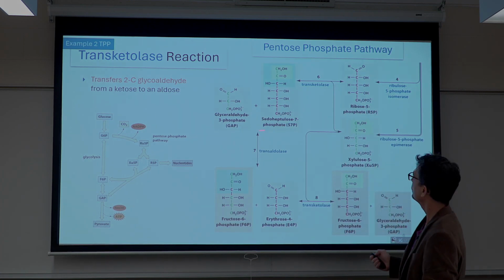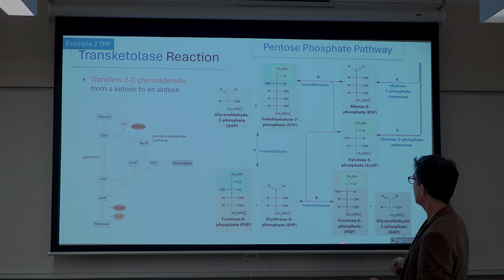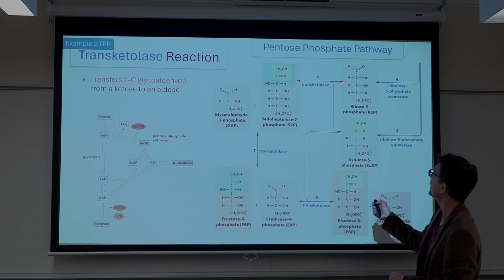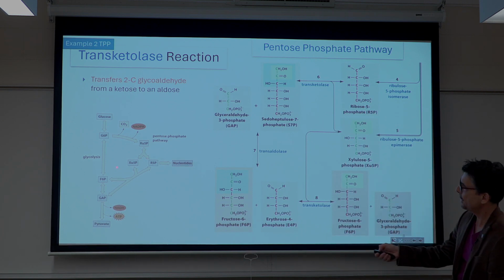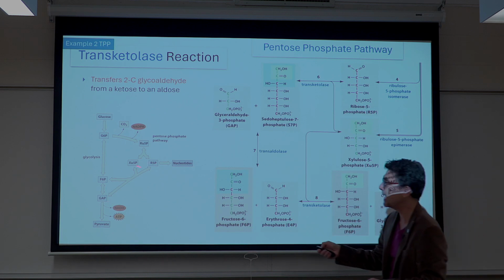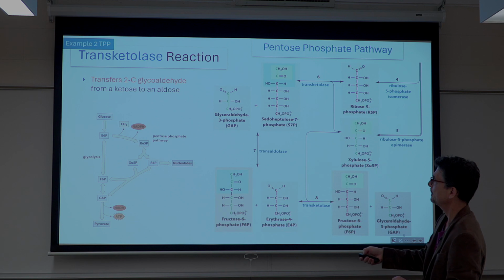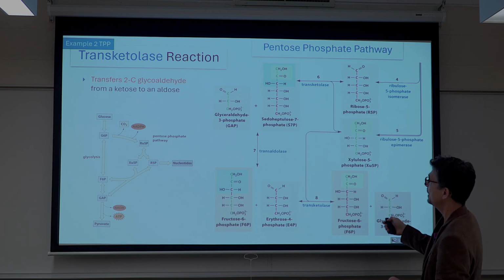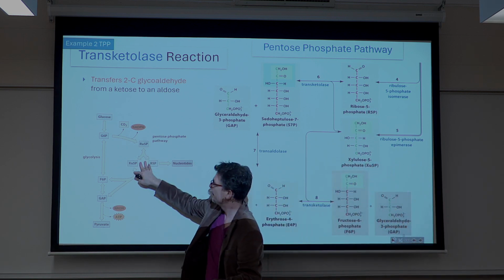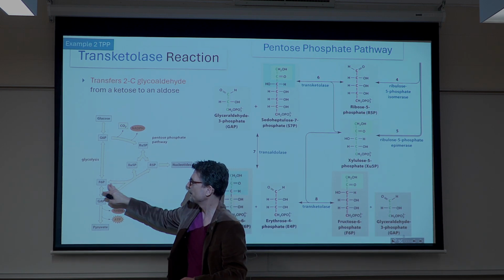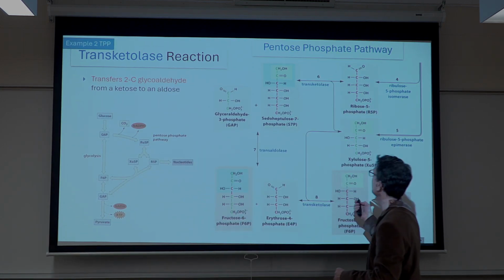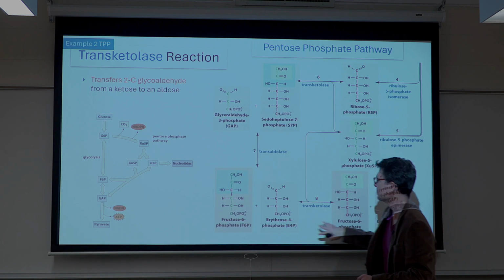So the transketolase is this set of reactions right here for part of it. That is, when we look at this set of reactions right here, Xu5P, Xu5P, R5P, R5P, and then we combine them, and a whole bunch of stuff happens, and then we get fructose 6-phosphate and glyceraldehyde 3-phosphate. That's this, okay?